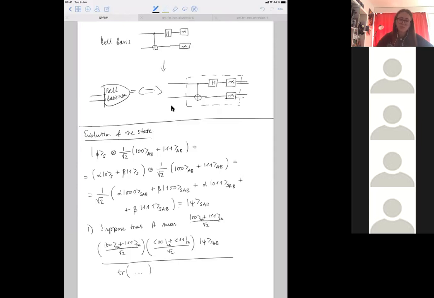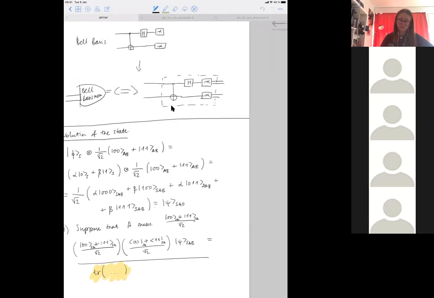But let us forget about the trace for now, because we can just apply this update to the state of S, A, and B, and then just normalize it in the end.